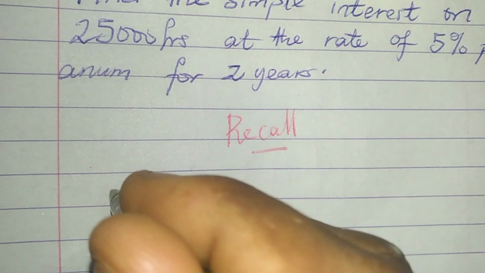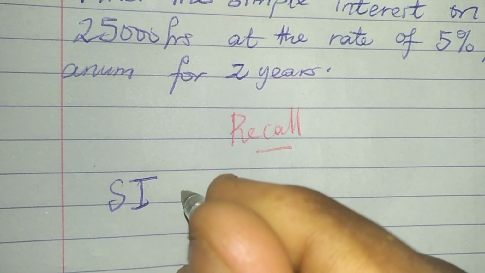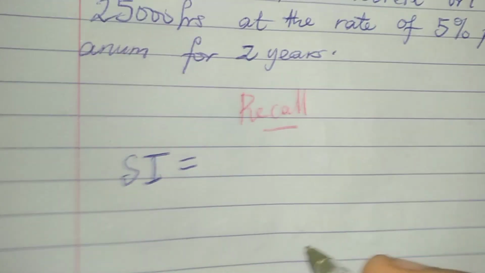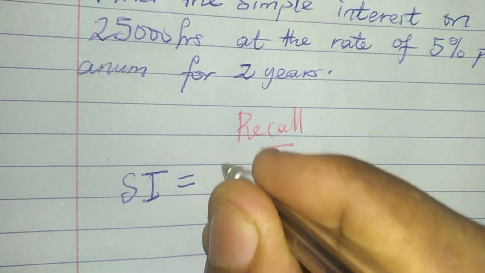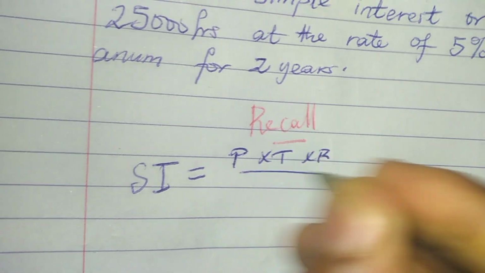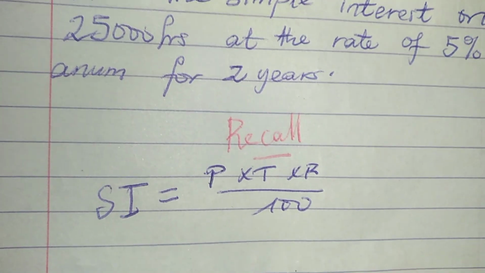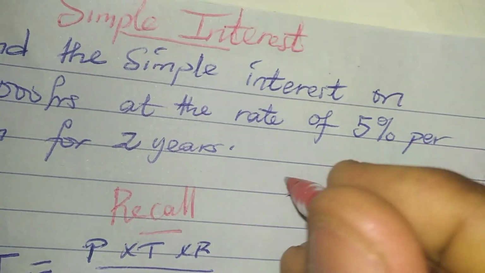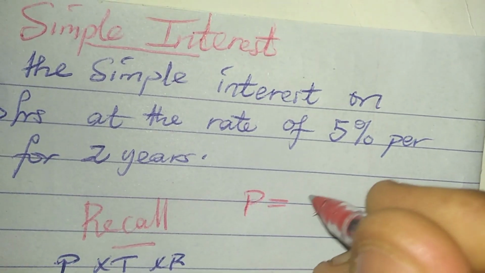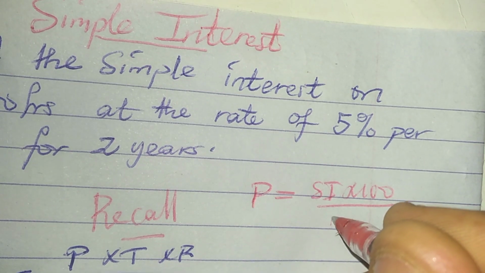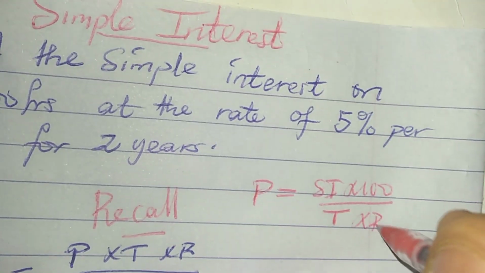Now we remember that the simple interest is given by this formula. Simple interest equals principal times time times rate all over 100. And we shall not end there. Let us also recall that we can calculate the principal, which is simple interest times 100 over time times rate.